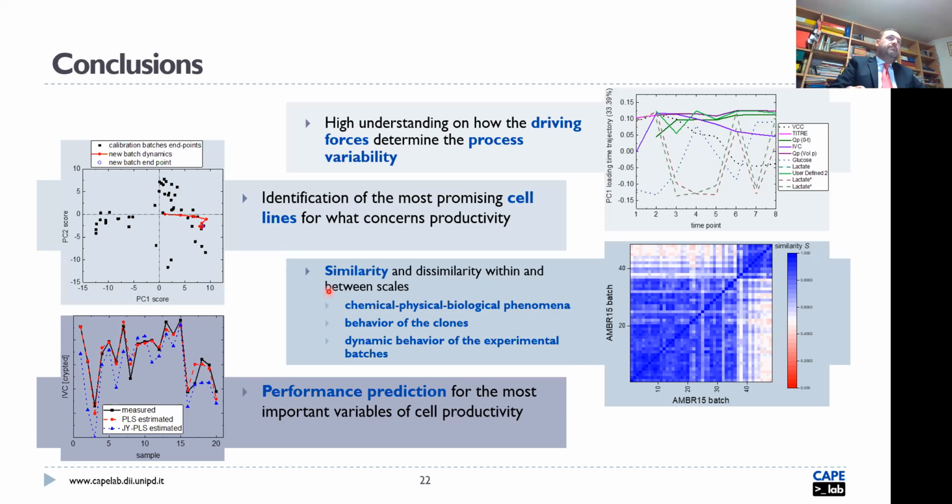I didn't show it, but we also developed model-based tools for understanding if similar biological, chemical, and physical phenomena occur in different scales or not, and if the behavior of the clones remains stable across scales.